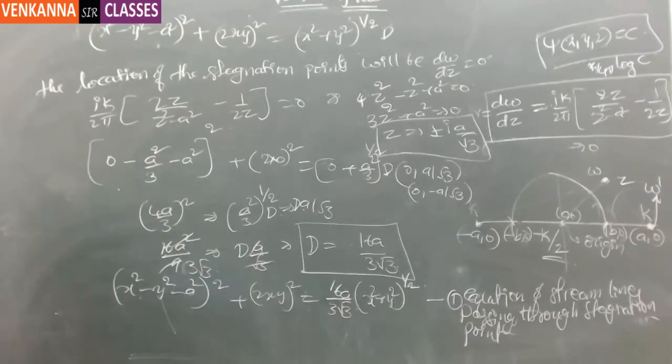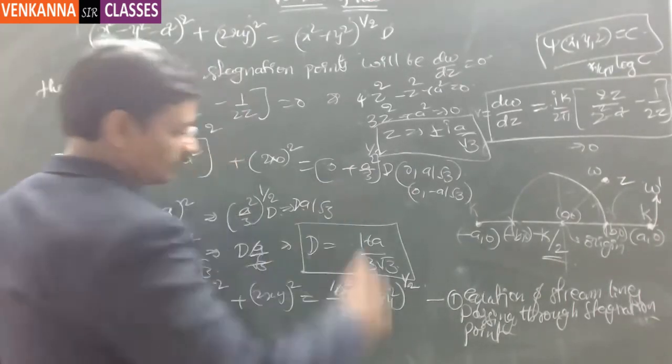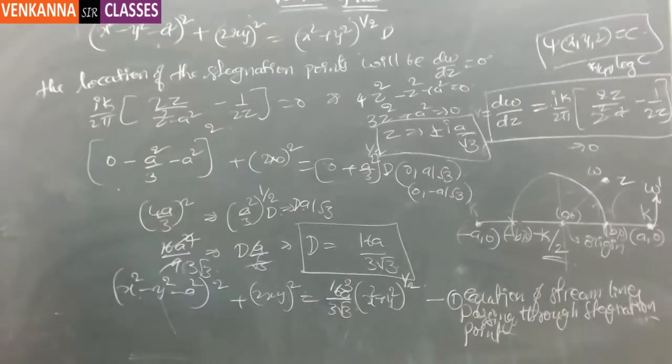Yeah, I think you are correct. So 16 a power 4, one a will cancel, this will be a cube, like that. Got it? Yeah, that's correct. Understood? Noted down?